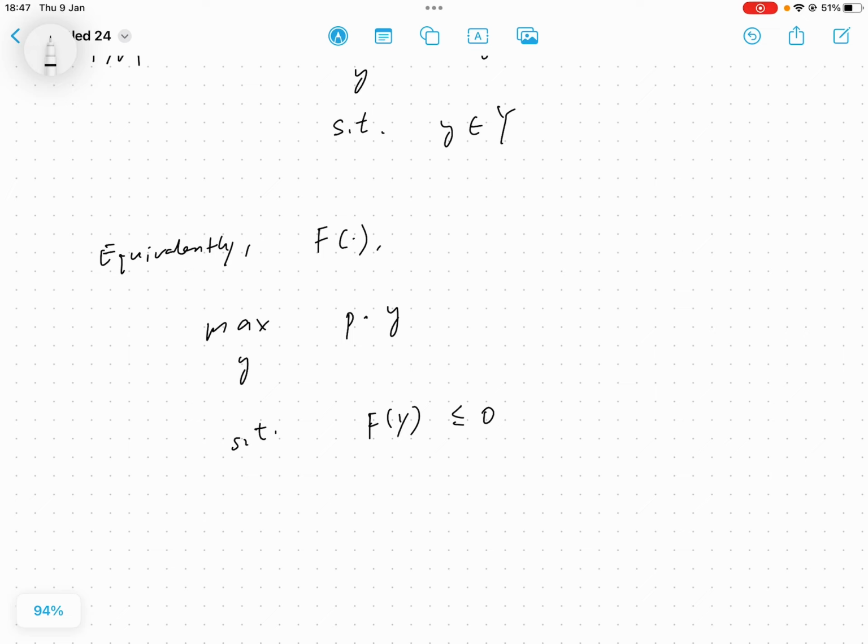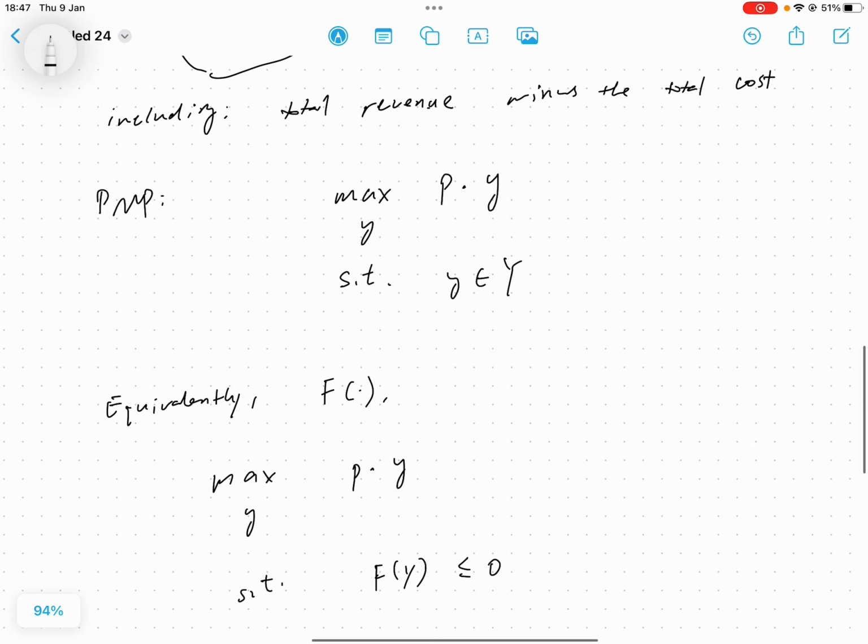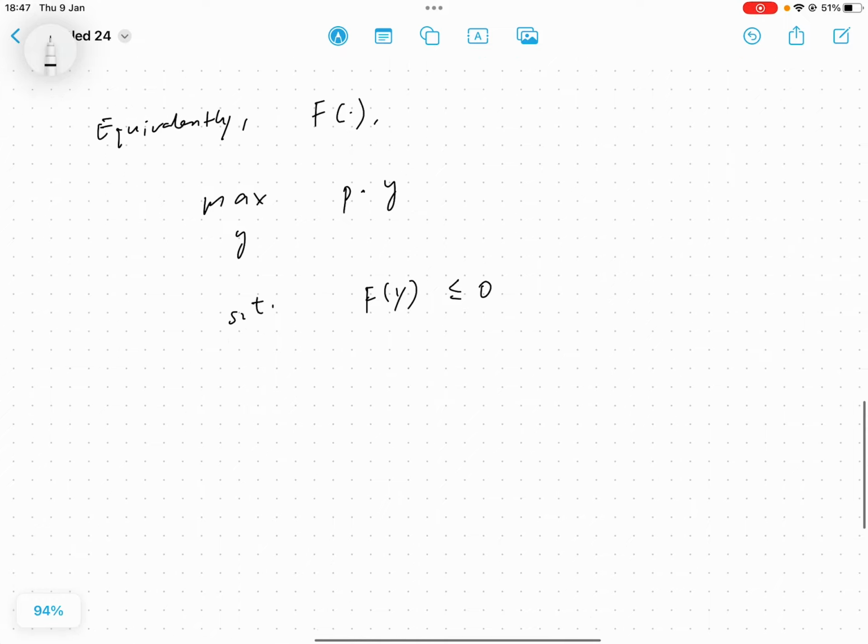So there's nothing different. Okay, but this is still pretty abstract, right? So we want to directly visualize this problem, as we did before in the consumer theory.